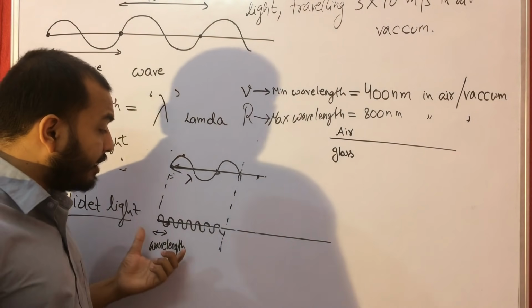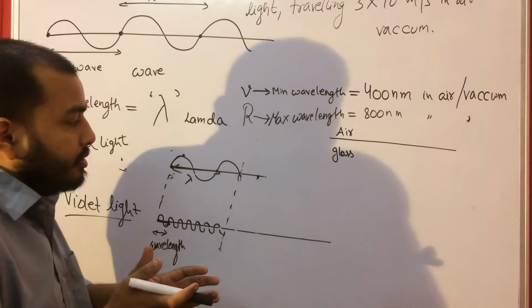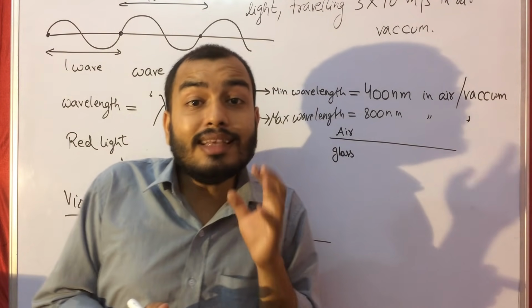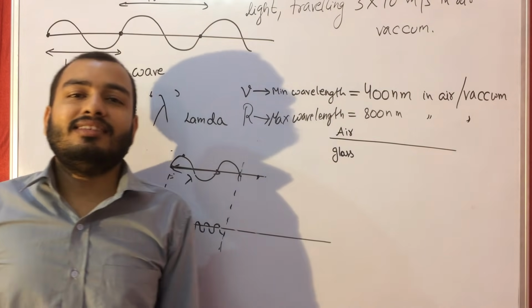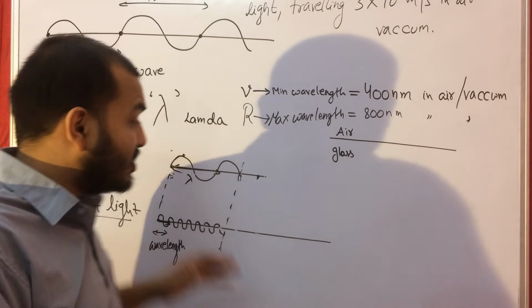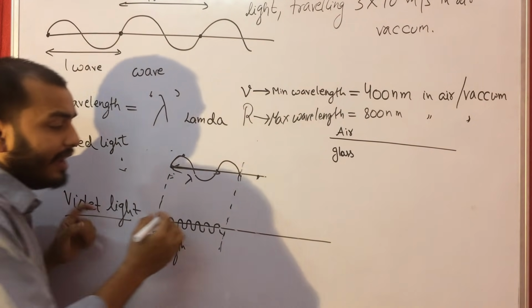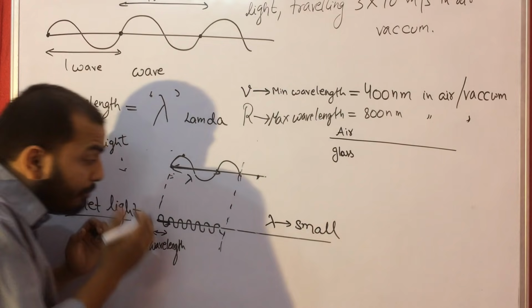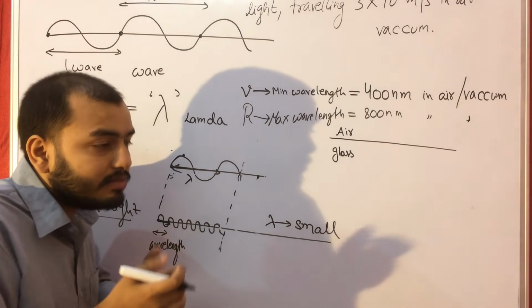So the number of waves of violet color is more as compared to the number of waves of red color. This is known as frequency. What is frequency? Number of waves. So this is how it is possible. Violet has a small wavelength, that's true, but the number of waves of violet is more.